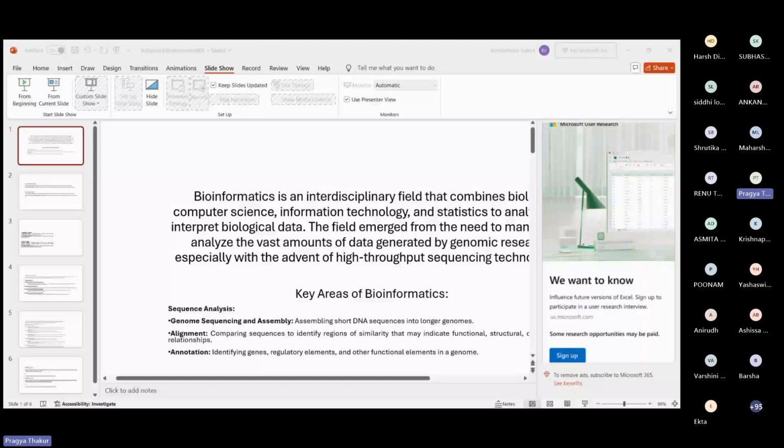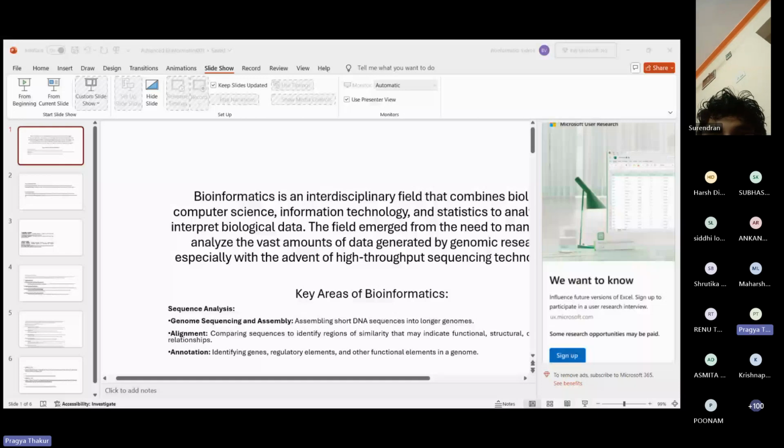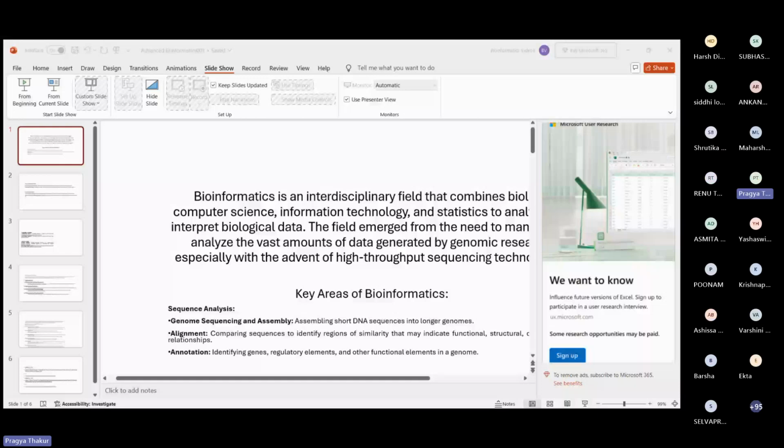Whatever we learn in biology, with the help of information technology, which encompasses computer science, statistics, mathematics, etc., we learn genes, proteins, molecules, all the biological data. Computers are able to analyze and interpret that biological data. That is called bioinformatics.